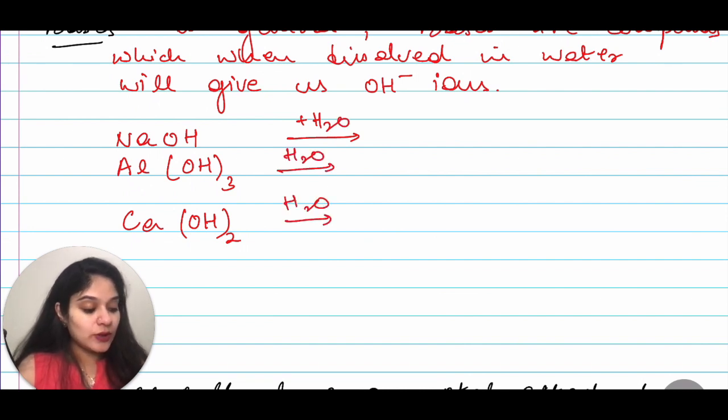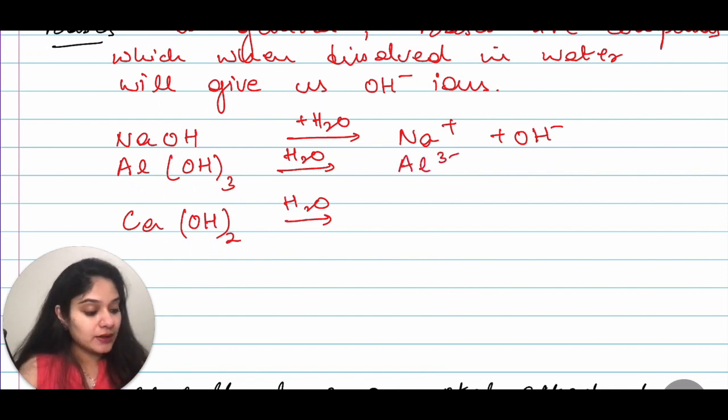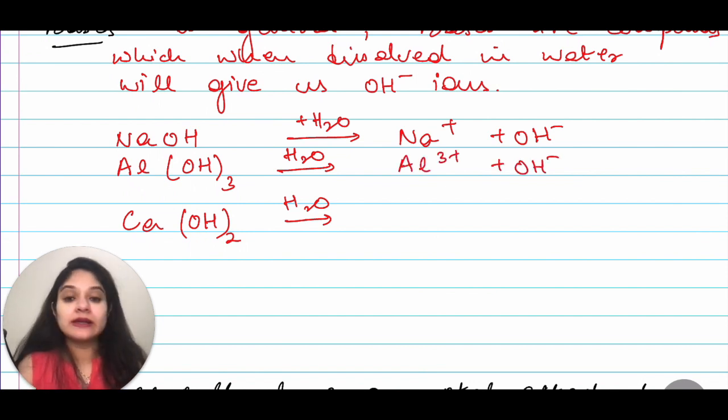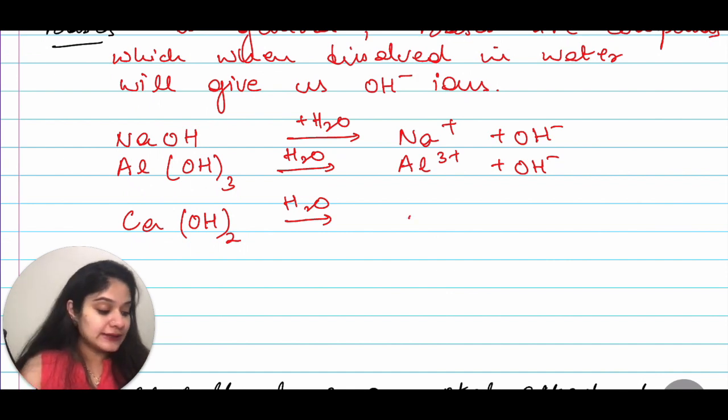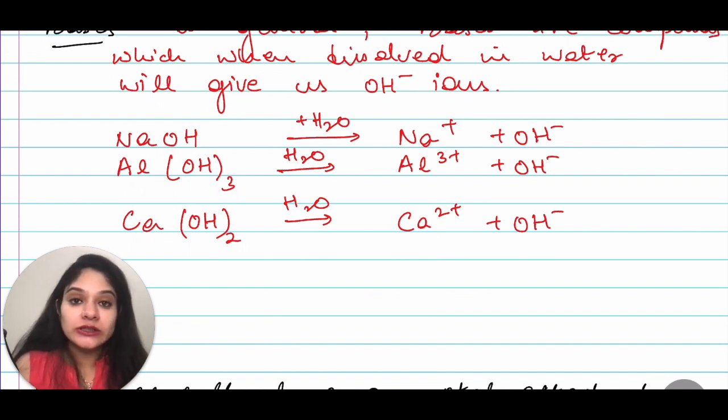For NaOH, we'll get Na plus and OH negative ions. For aluminium, we'll get Al3 plus and OH negative ions. For calcium, we'll get Ca2 plus and OH negative ions. So this is what we have studied about bases so far. Now let's go into further detail.